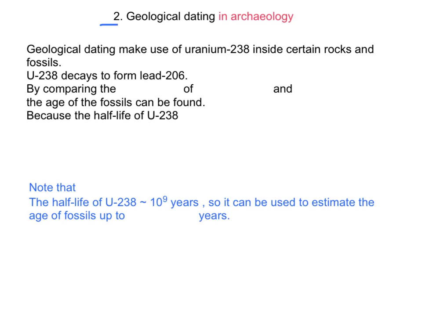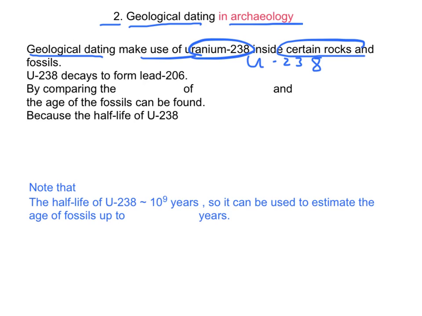The second is geological dating in archaeology. Geological dating makes use of uranium-238 inside some rocks and fossil fuel.